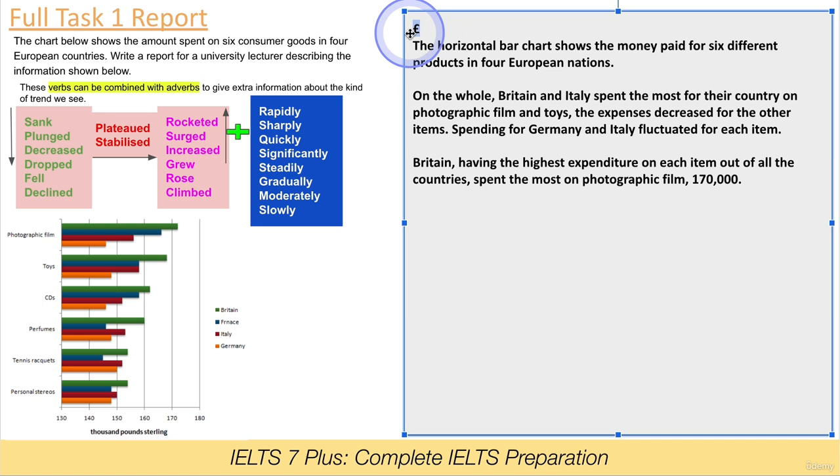And I'm just going to use my pound sign here. Okay. So we're talking about Britain and how it's spending the most in photographic film. Right. Okay. Let's have a look then at what else we could draw about from Britain.